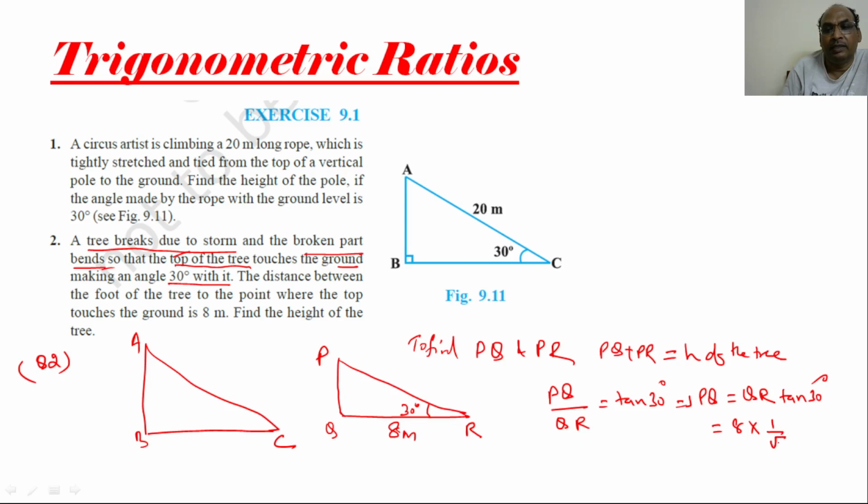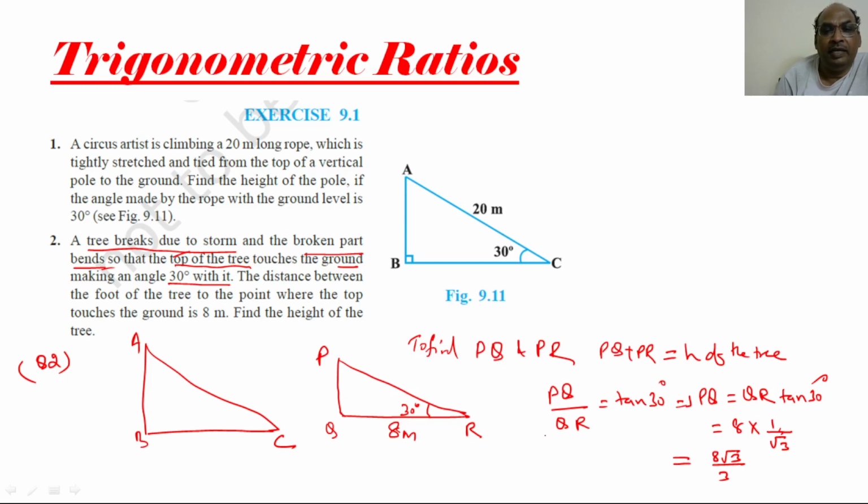Okay, so we will multiply root 3 in numerator and denominator so that it will become 8 root 3 by 3. Yes, so this is PQ.